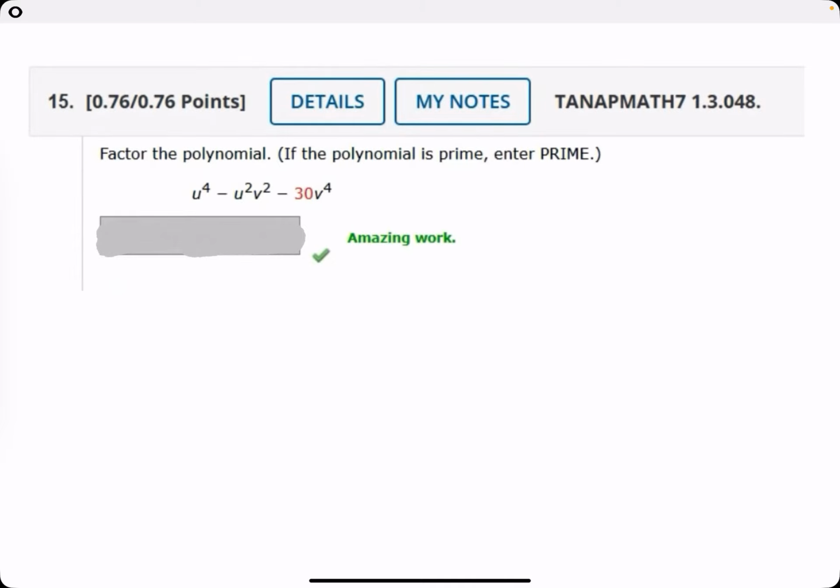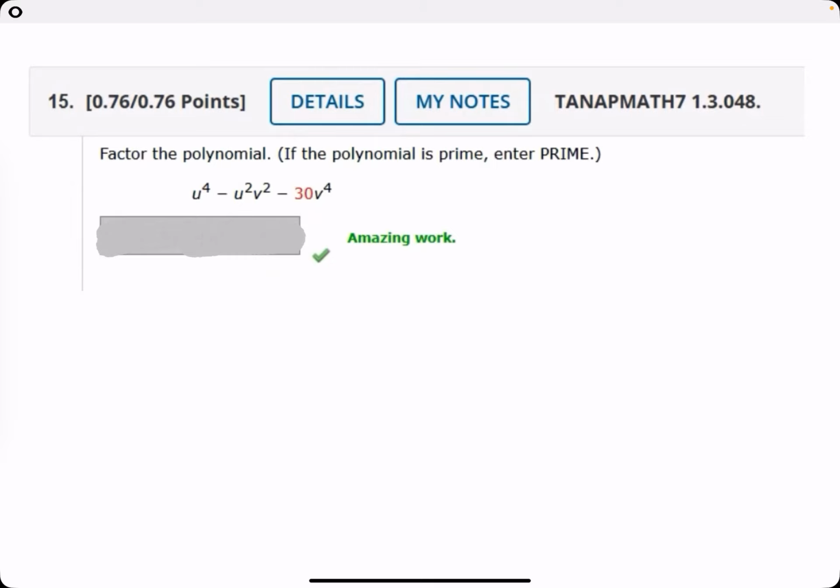Last but not least, number 15. Factor the polynomial. So maybe GCF first? No GCF. Interesting. Okay. So you want to treat it... What's the best way to describe this one?